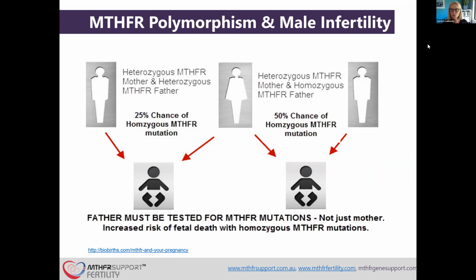There is absolutely no point whatsoever in you doing all the work and not doing the work with your partner. Because if your partner has MTHFR and you do not, you can still miscarry. I'll say that again. If your partner has MTHFR and you do not, you can still miscarry if you haven't made up for the lack of folate from dad.